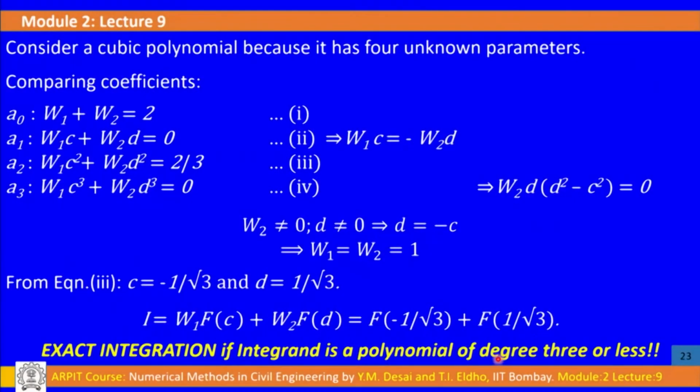Because of the simplicity, elegance, robustness of this approach, it is being used widely in numerical computations and in finite element method in particular. Exact integration if integrand is a polynomial of degree 3 or less, because that was our starting point on the basis of which we derived this equation.